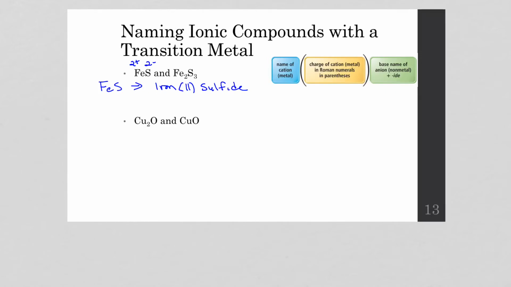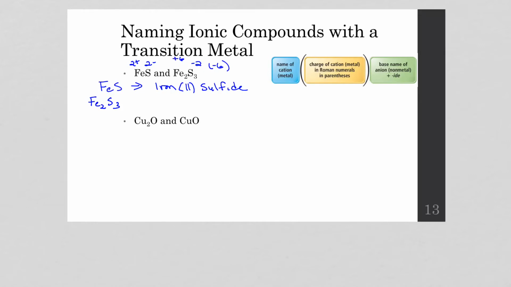So let's take our second compound, Fe2S3. Again, sulfur is going to have a 2- charge. So what does the iron have to be to balance it out? Well, if we look carefully, we have 3 of these, so we have a total negative charge of -6. That means I need a total positive of +6.